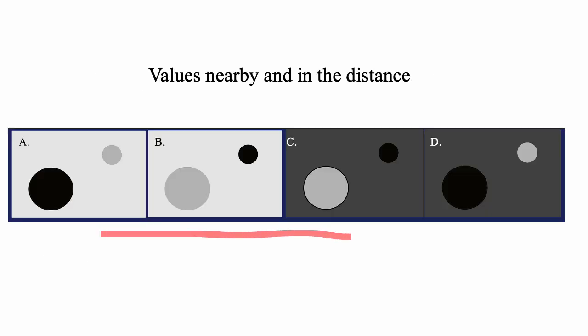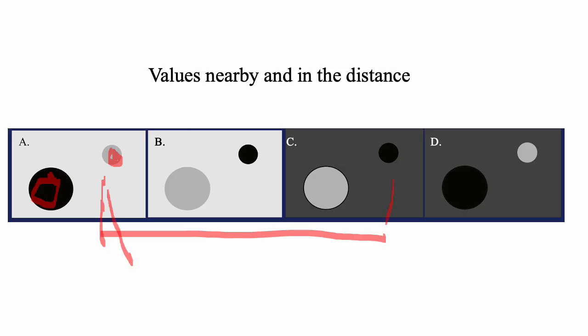Let's look at these images with two circles where the values are changed. Now, this first one could be a large circle nearby and a small one further away. And the small one merges with the background, as we expect with the atmospheric perspective. So this makes sense.